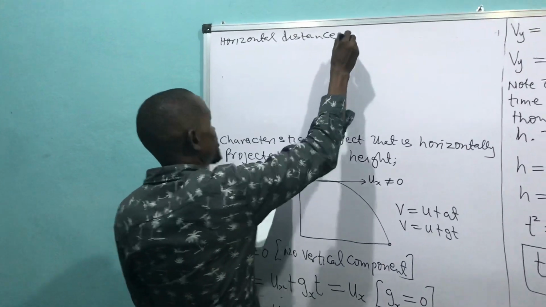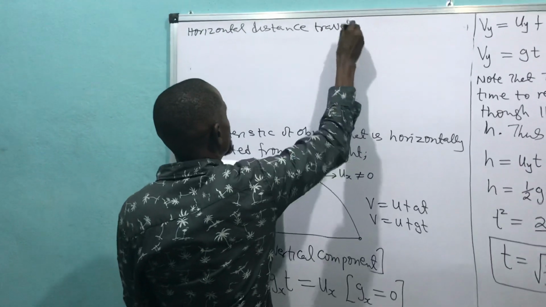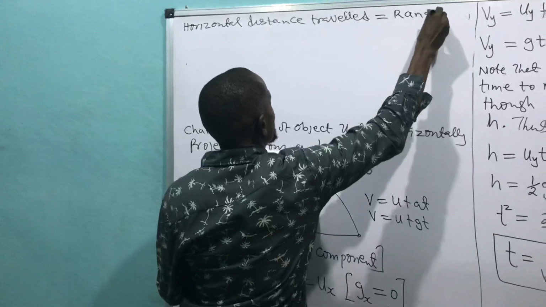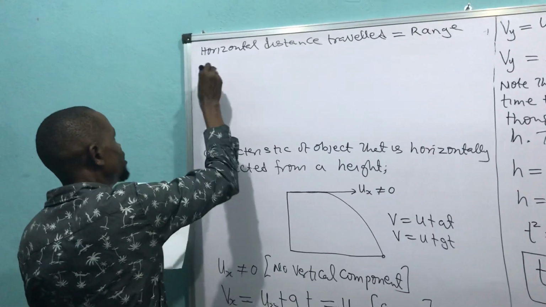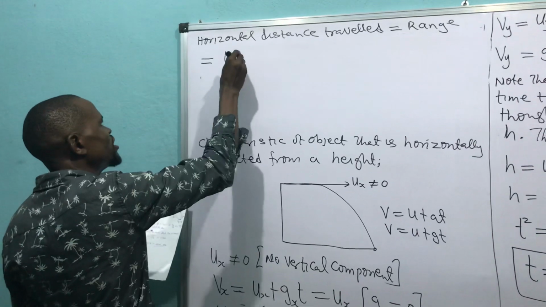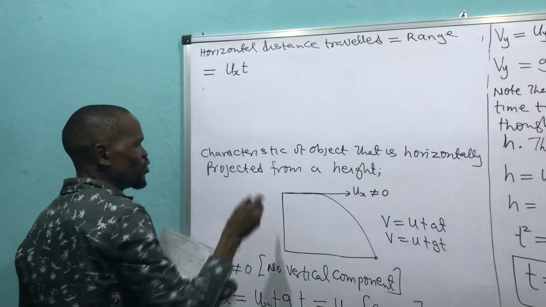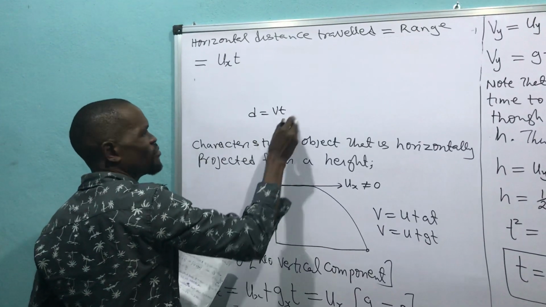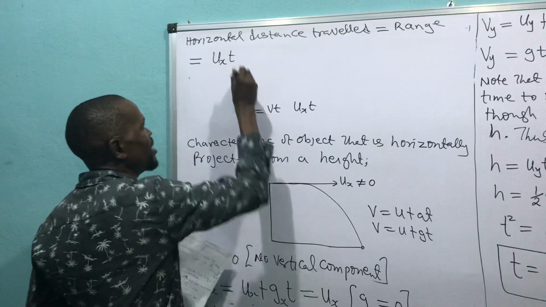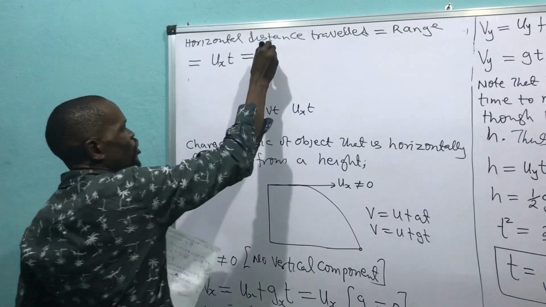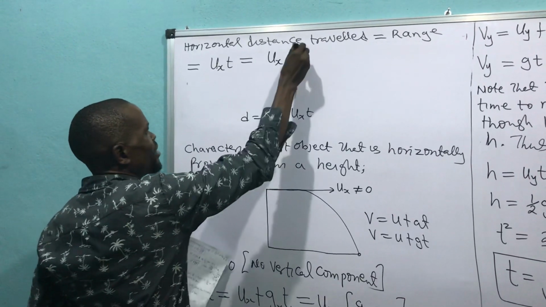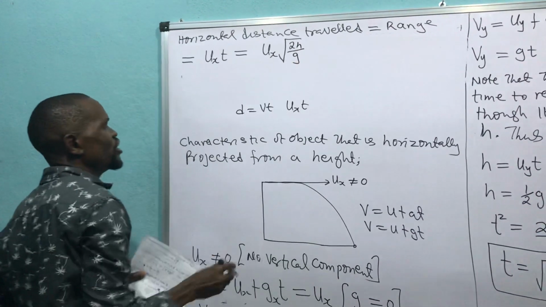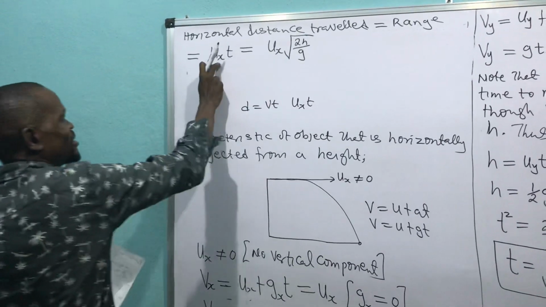Horizontal distance traveled is equal to range, and range is equal to initial velocity times time. You know that when you say range, range means distance. And what is distance? Distance is equal to velocity times time, which is initial velocity times time, and that is equal to ux times the time. The time is the square root of 2h over g. So I can write this as this or this.